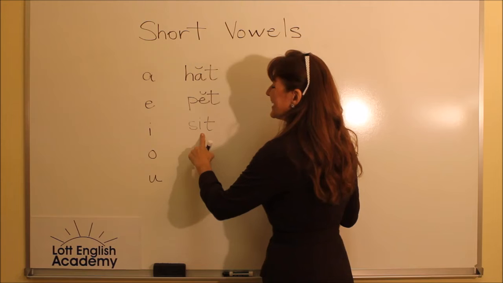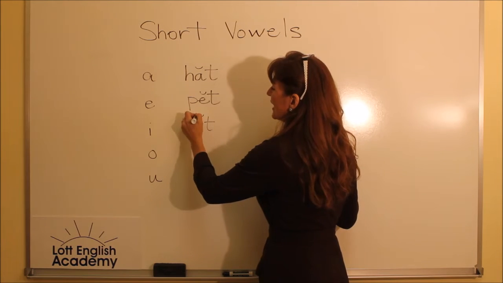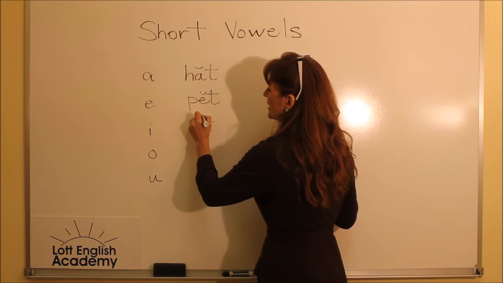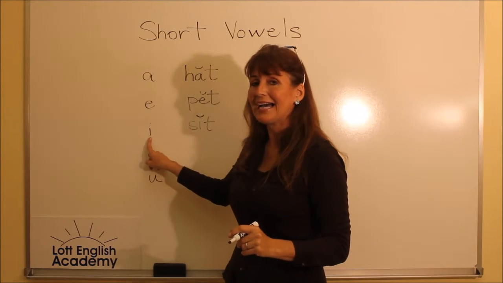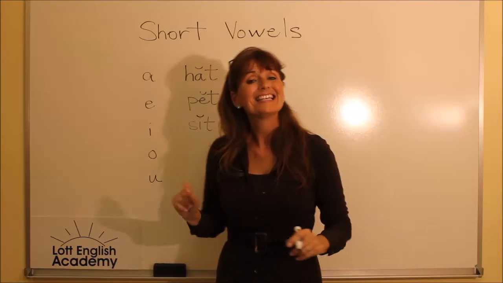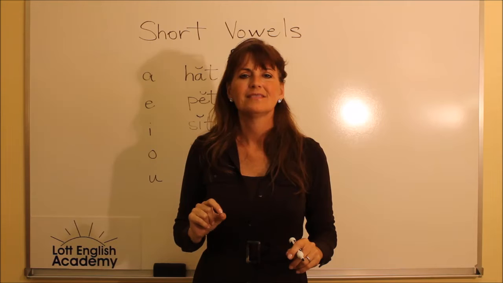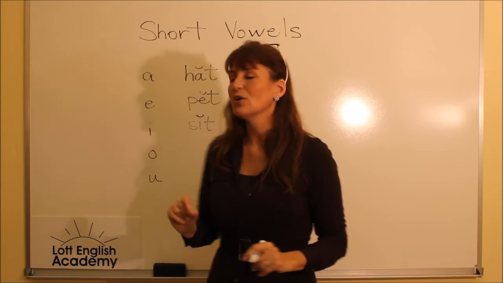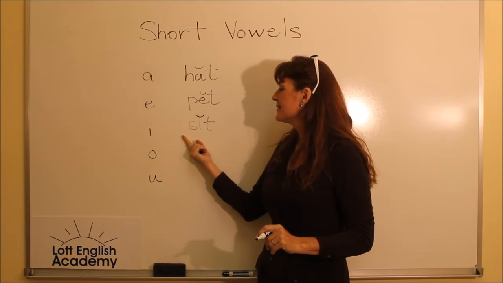This little symbol here is just telling us that the sound is the short vowel sound. So this is not saying the letter I, this is saying the sound I. So the word here is sit. Sit.